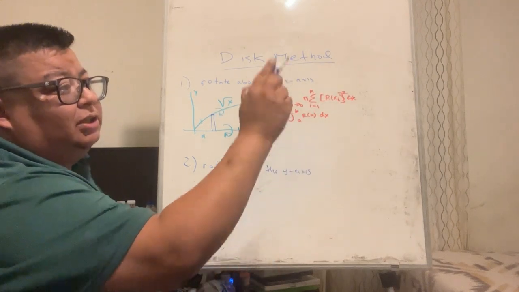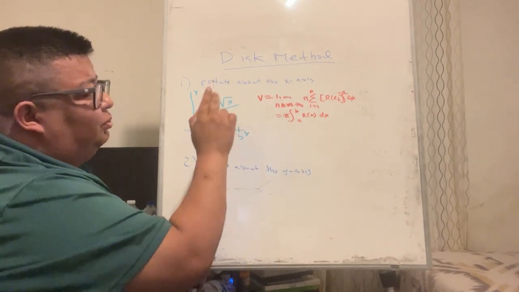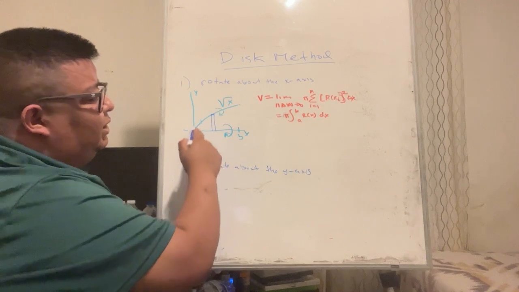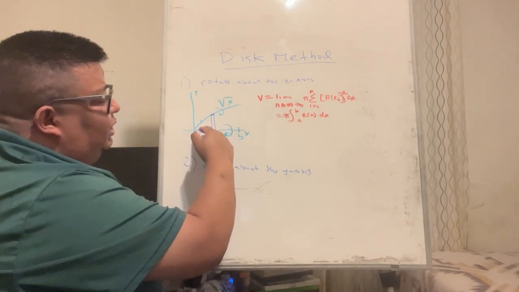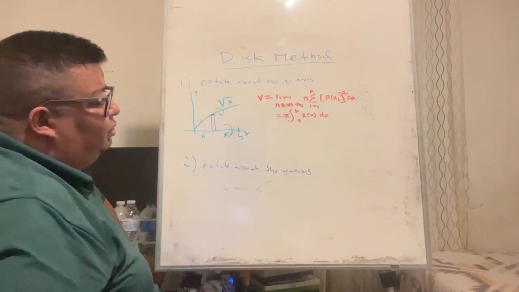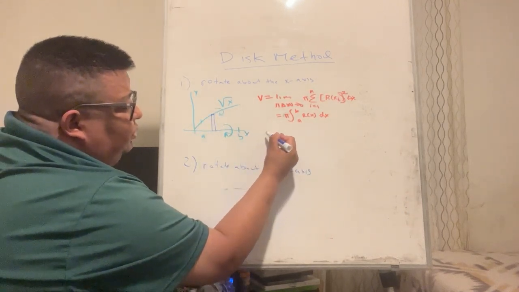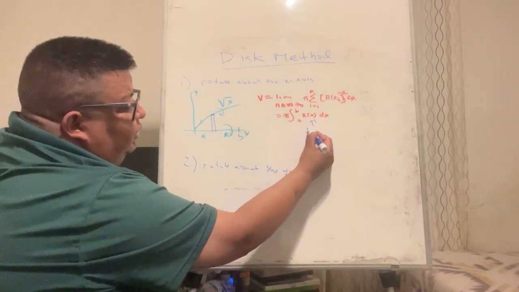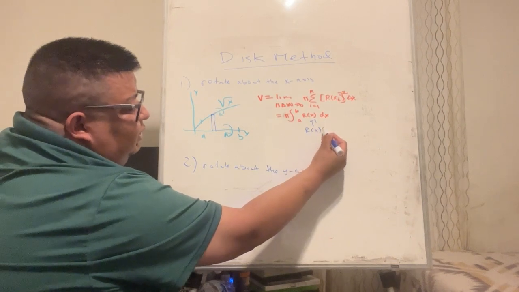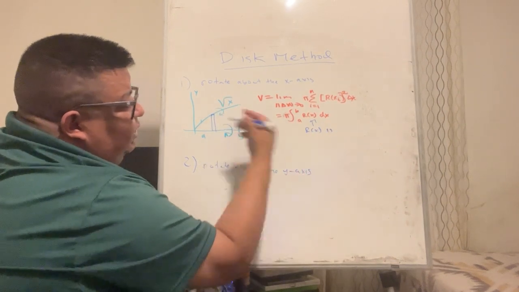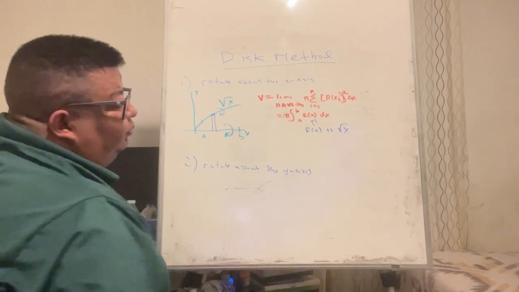When you rotate a slab, you're creating a disk, but the outside of that disk is shaped by your function. In this case, this function here is your R(x).